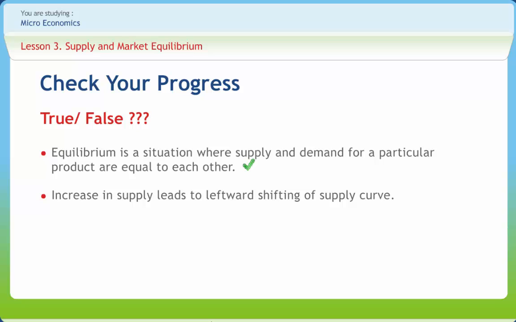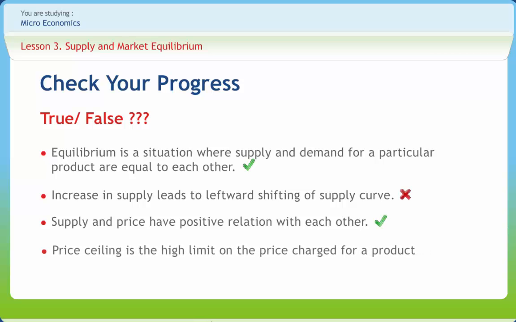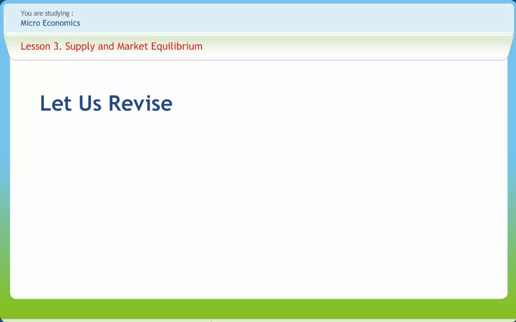Right or wrong? Wrong. Supply and price have positive relation with each other. Right or wrong? Right. Price ceiling is the high limit on the price charged for a product. Right or wrong? Right. Let's revise.